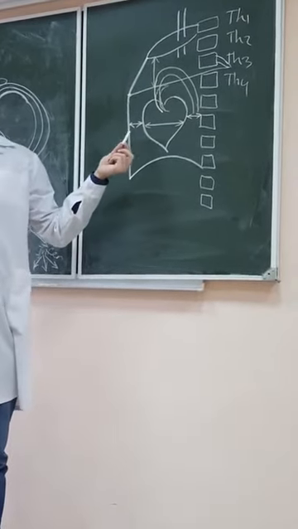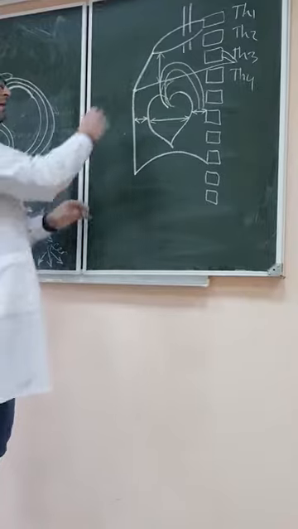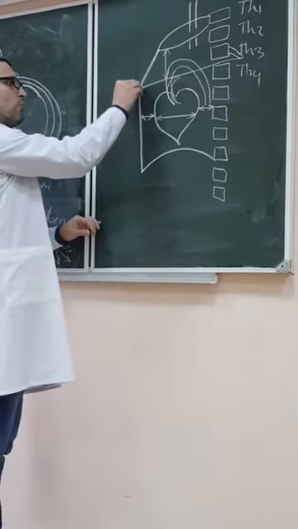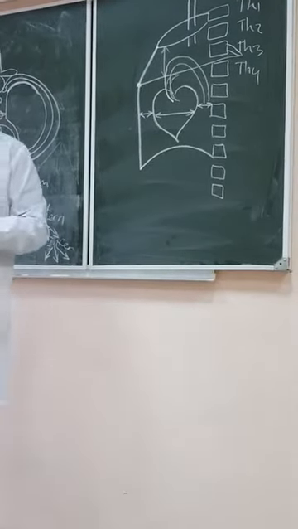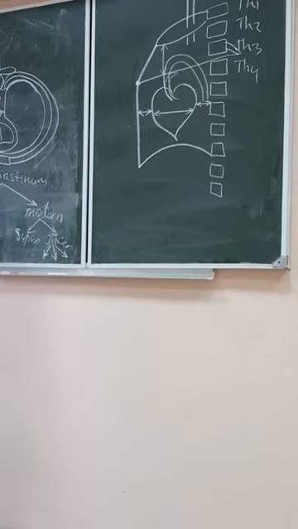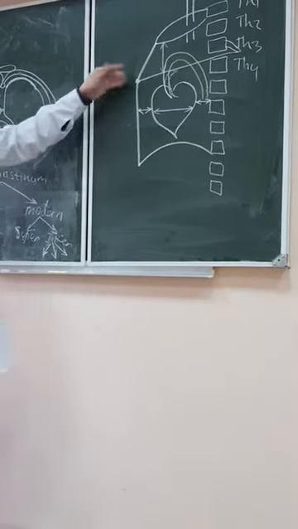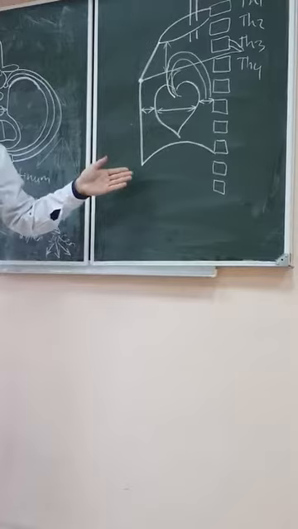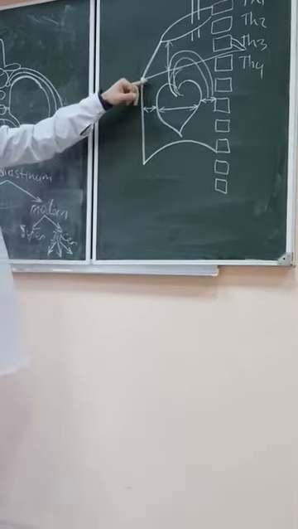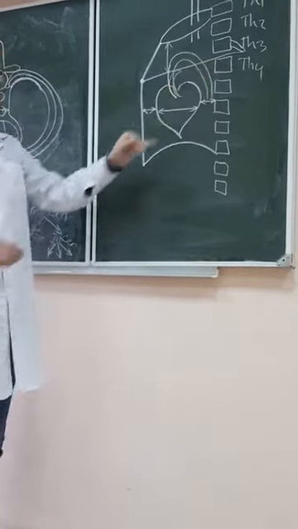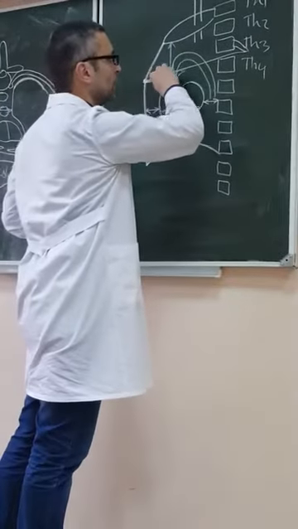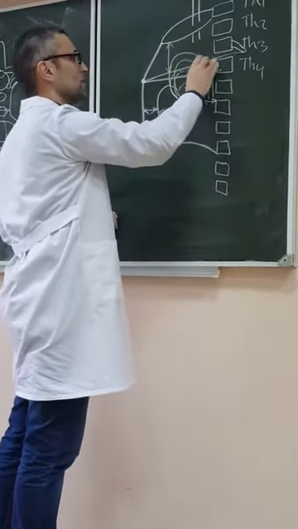How can I draw this imaginary borderline? First one, the anterior point of this plane is the sternal angle. Sternal angle, maybe you remember, is the junction of manubrium sterni with the body. And the second is not exactly here. Second is the level of T4, like that, not this one.